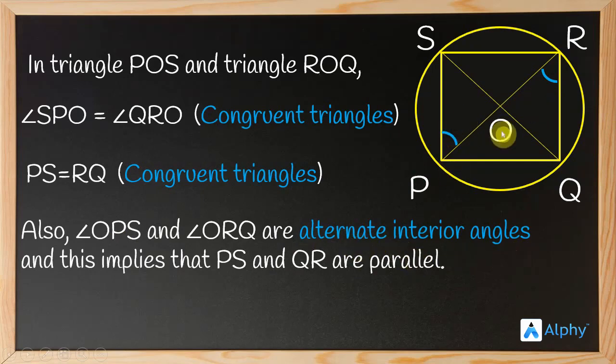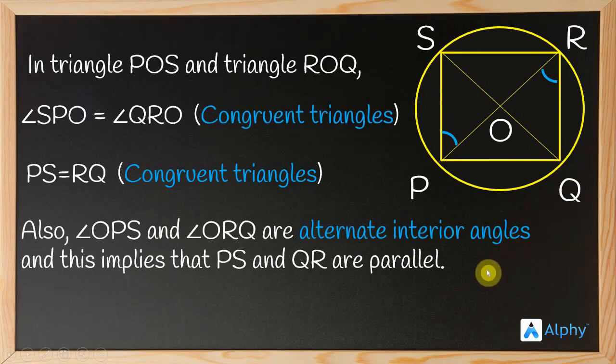And if they are equal, it means that PS and QR should be parallel. If you are able to see this figure right here, PS and QR can be considered parallel because the alternate interior angles, when you see this particular Z right here, are equal.